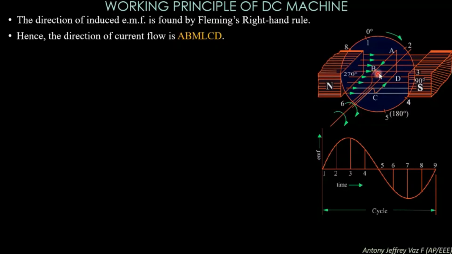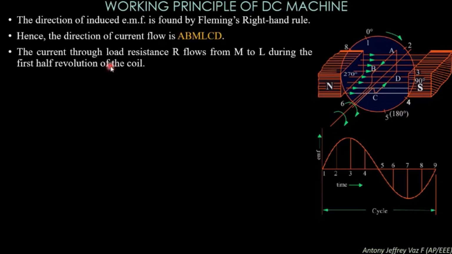So here you can see the current will flow from AB and through the resistance ML and again back to C and D. The current through the load resistance R flows from M to L during the first half revolution of the coil. So during the positive half cycle of the sinusoidal waveform, the current through the load resistance will flow from M to L.